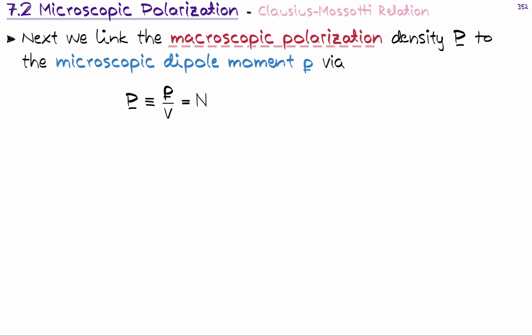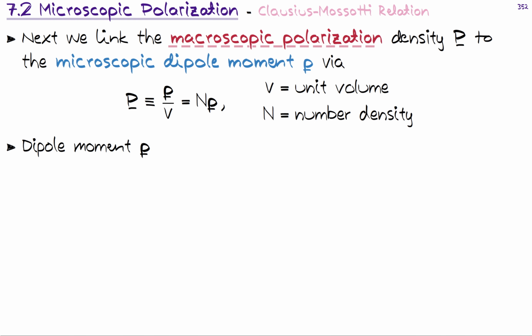Another way of writing this is that we have N, the number density of our piece of a solid, times the microscopic dipole moment p, and this gives us our macroscopic polarization field P. So V is the unit volume, and N is the number density. And this dipole moment p, we can link to the electric field, and this electric field would be our incident field.